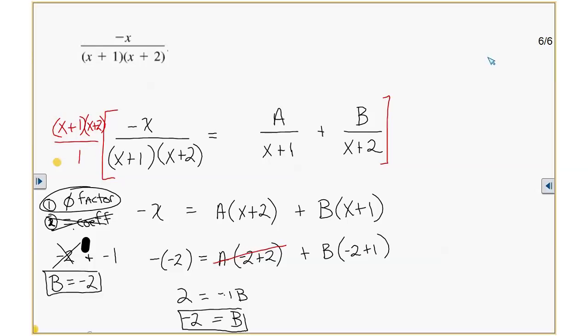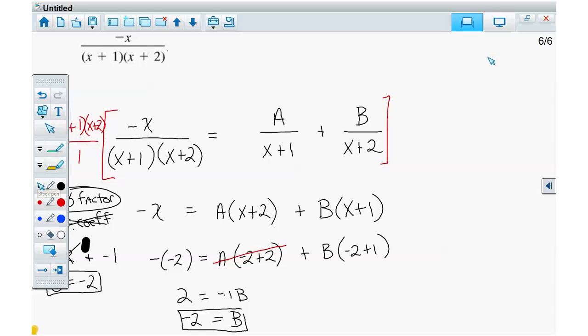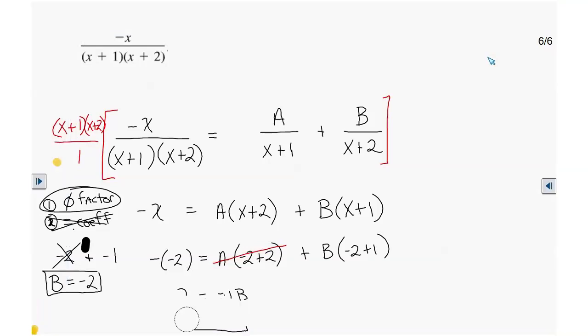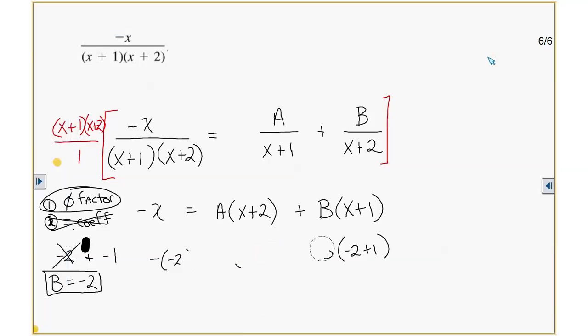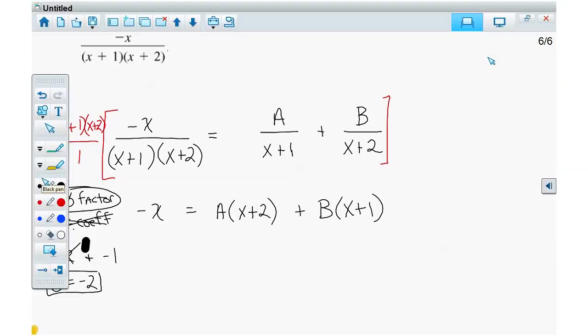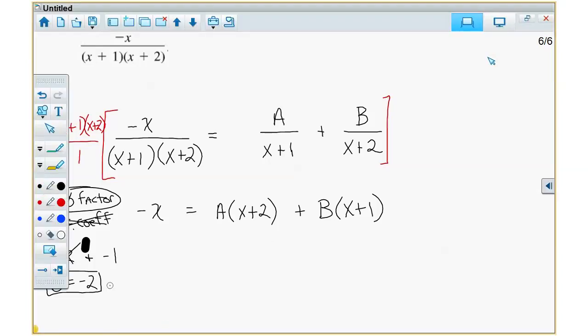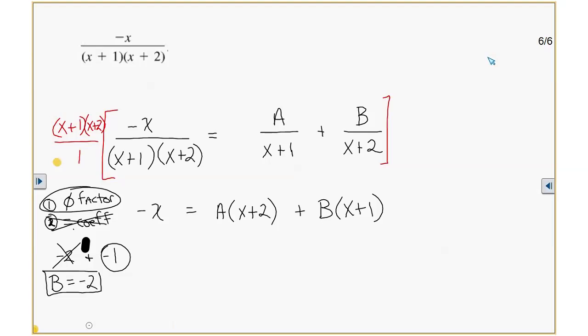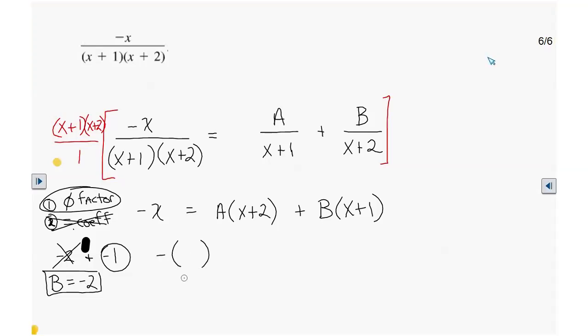And now I'm going to erase all this and start again. Now I'm going to plug in negative 1. Negative parentheses, negative 1, equals A times negative 1 plus 2 plus B times negative 1 plus 1.